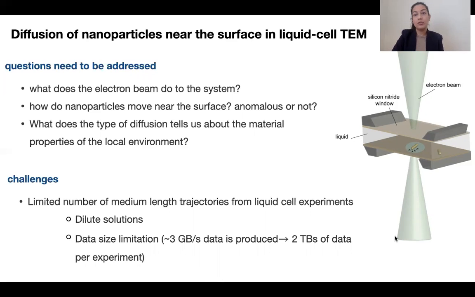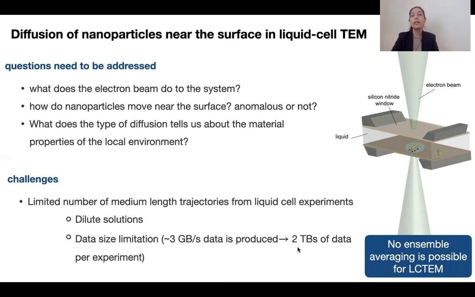State-of-the-art cameras are right now producing data at a rate of 3 gigabytes per second. Let's say we are collecting data from 20 particles in an in situ experiment, each 1 to 2 minutes long, collected at 100 frames per second. That is equivalent to 2 terabytes of data. So with these two limitations, we do not have access to a large ensemble of nanoparticles, and we cannot use ensemble averaging statistical methods for analyzing the data.